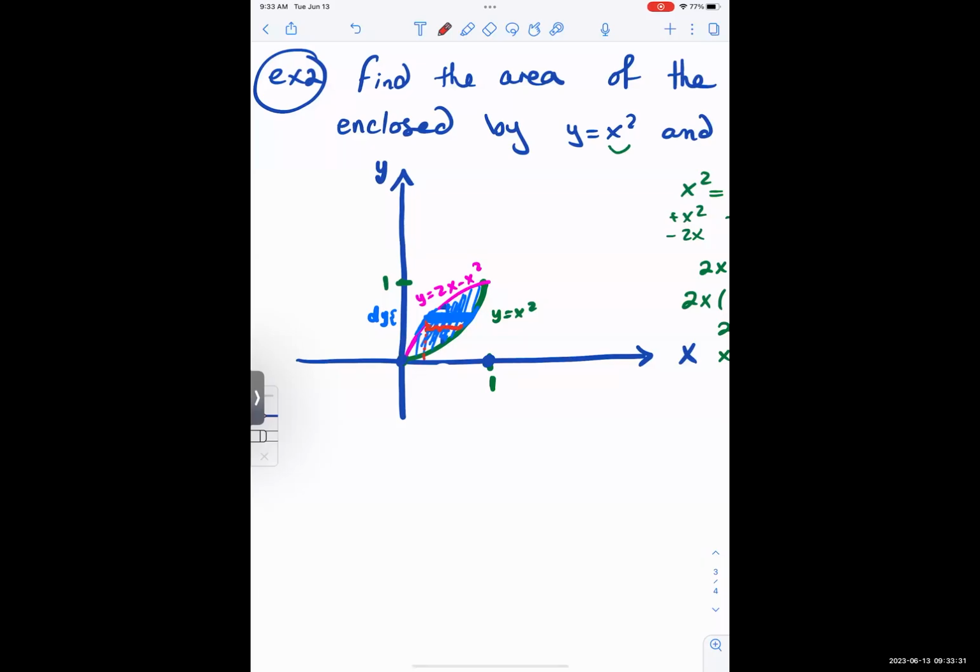So that would be the difference of whatever is x of the right, minus the x of left. So when it's top minus bottom, we have y minus y, whatever is the corresponding y, so f of x minus g of x.